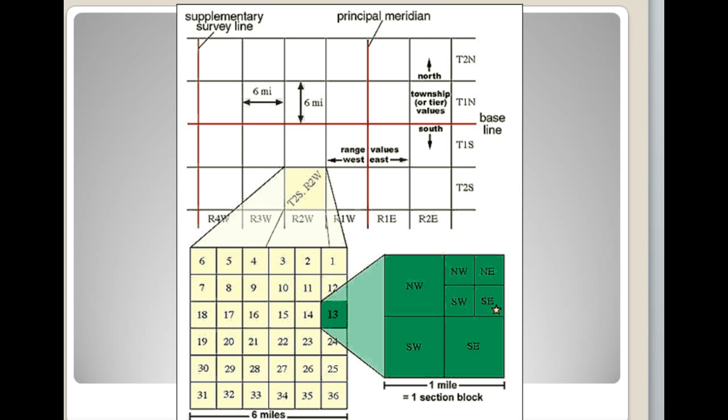And so each 36 mile grid, or 36 mile square, was divided into 36 1 mile sections, and they all start counting with number 1 in the northeast corner and end with 36 in the southeast corner, so 1 down through 36.